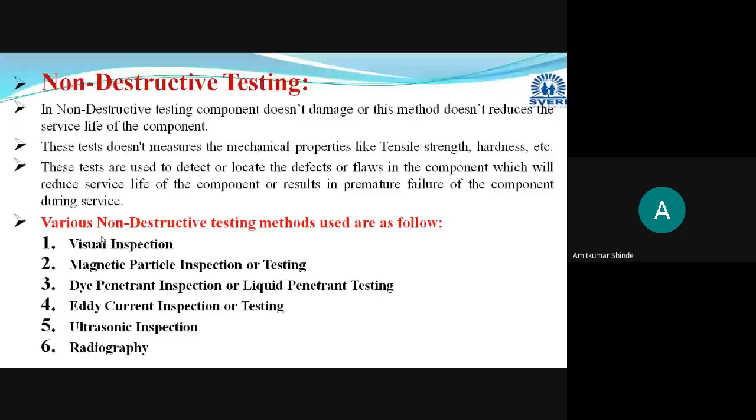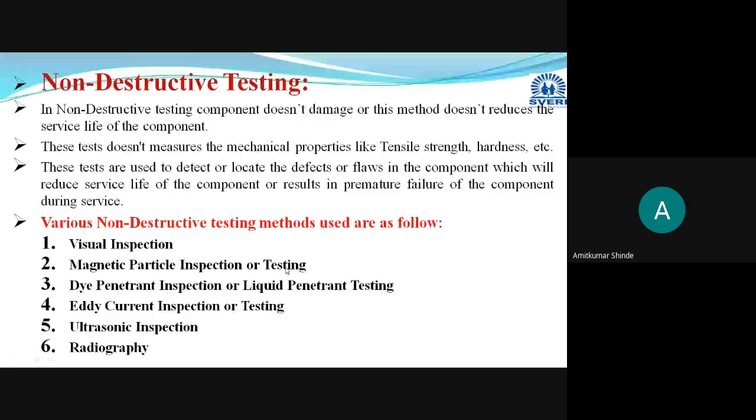All these non-destructive testing methods can be called inspection methods also. We are just going to inspect that component for any kind of defect. That's why, instead of testing, sometimes the word inspection is used. First method is visual inspection. Then second is magnetic particle inspection or magnetic particle testing.